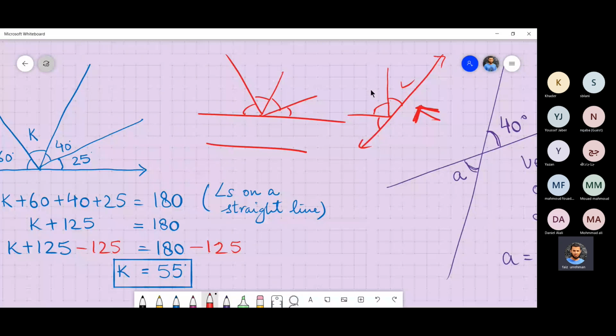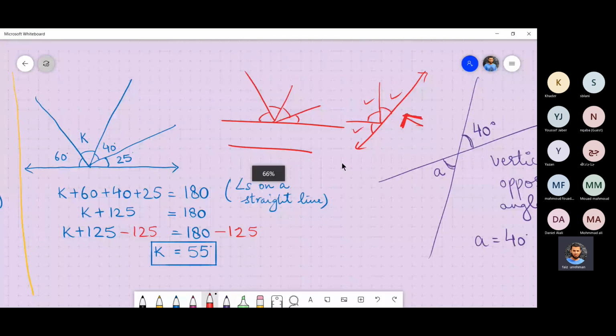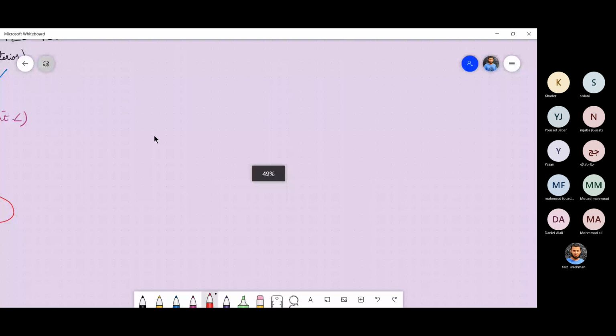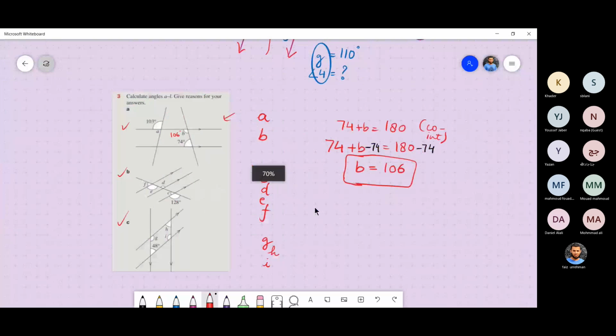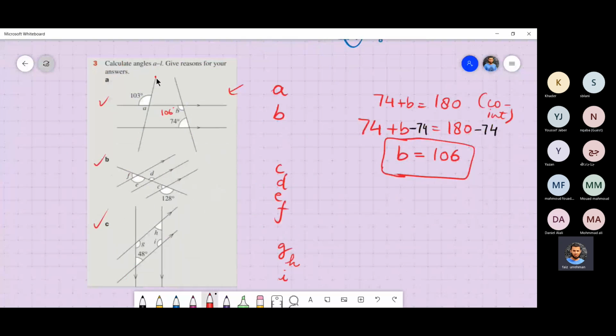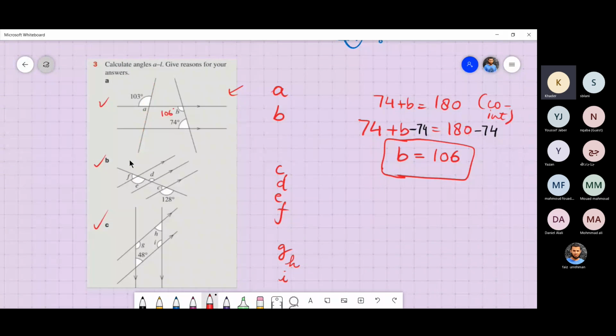Now come back to the question we were working on. You can see here one straight line, and it is divided into two parts. It will be 103 plus A, because angles in a straight line.